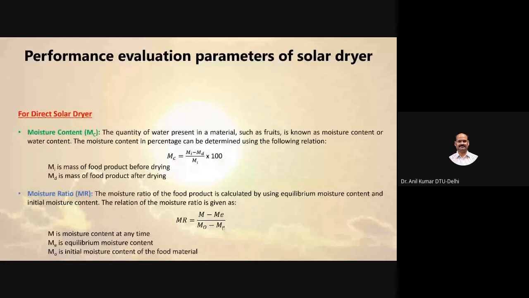In that case it is very necessary to consider the equilibrium moisture content. We need to establish one equation for it, with temperature as well as relative humidity. I will show you; we have considered it in one of our recent papers.